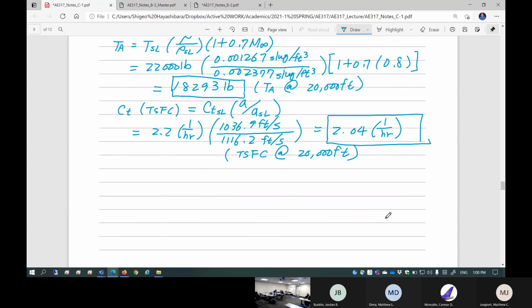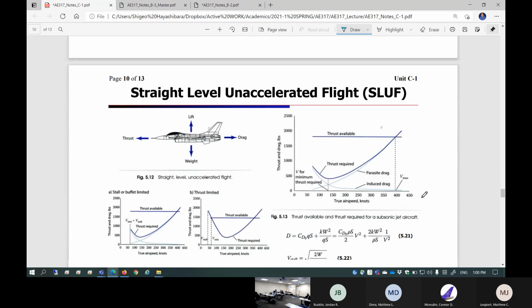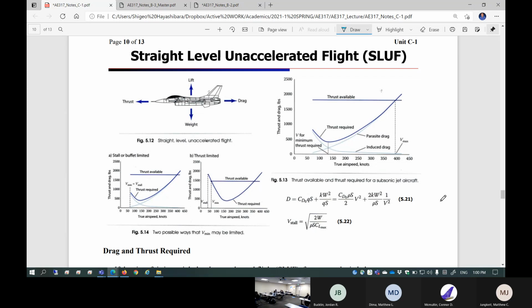All right. So it's 1 o'clock, and because of the very low motivation level I can sense in the classroom, let's just stop here. Next class, after your exam, let's pick up SLUF, straight level unaccelerated flight condition.